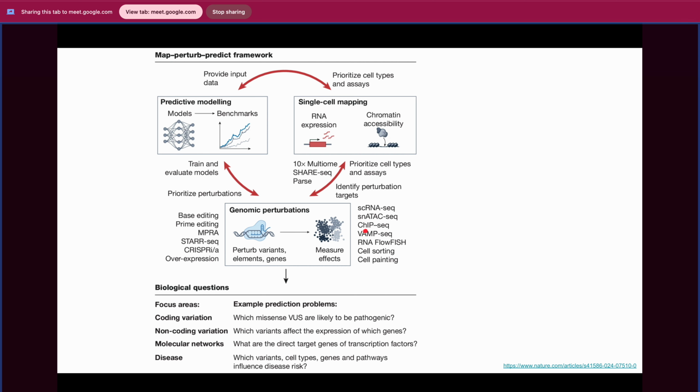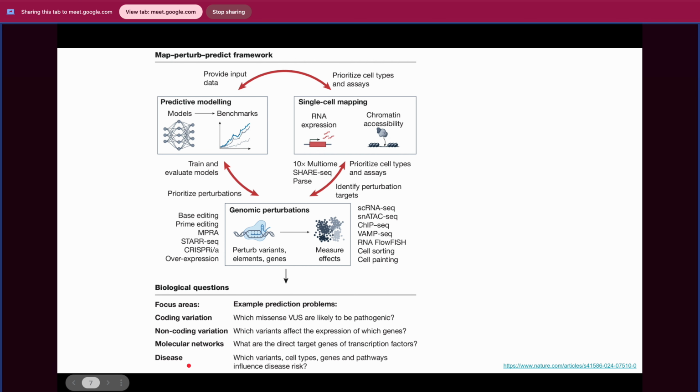For example, in this case, as you see, ChIP-seq. ChIP-seq is chromatin immunoprecipitation. This is also done for protein-protein interaction analysis. So that can be used to identify how a particular mutation is leading to a change in the interaction between two particular proteins and how they are influencing the molecular network.